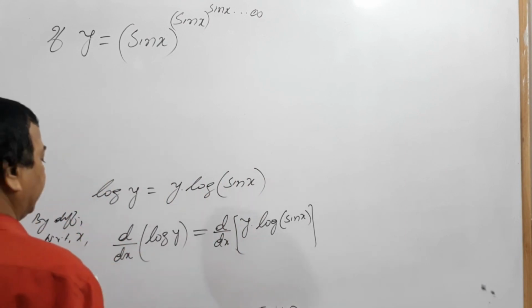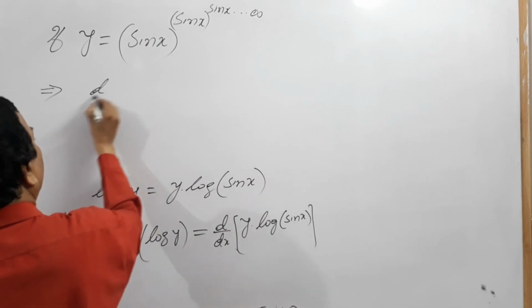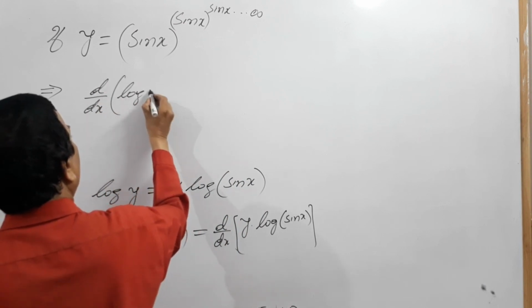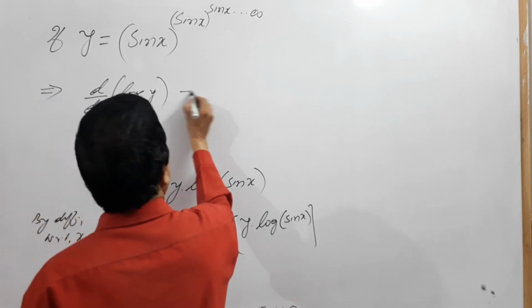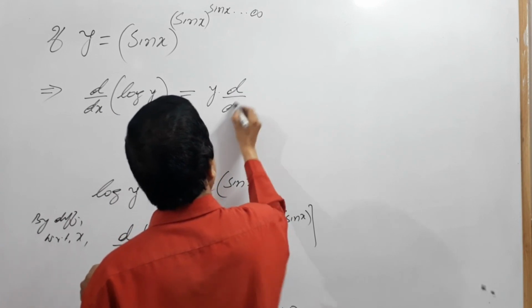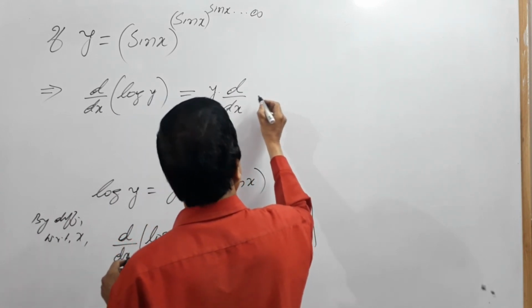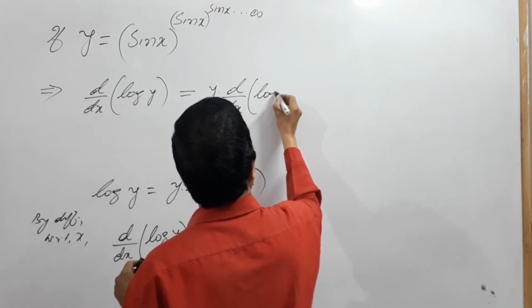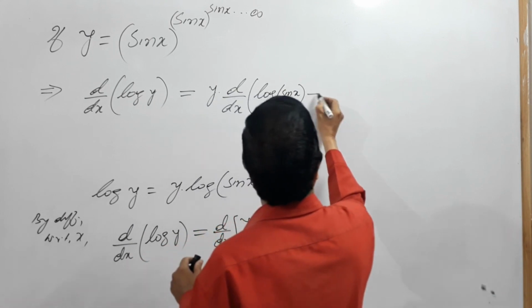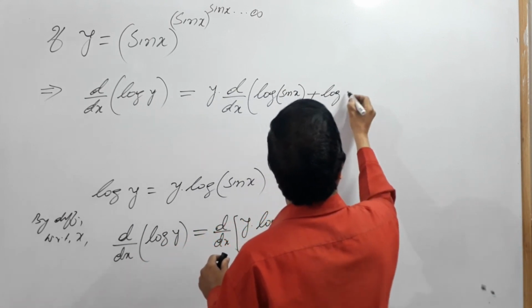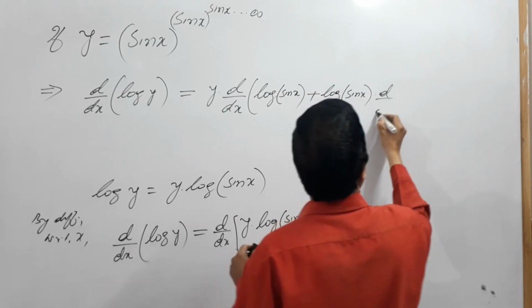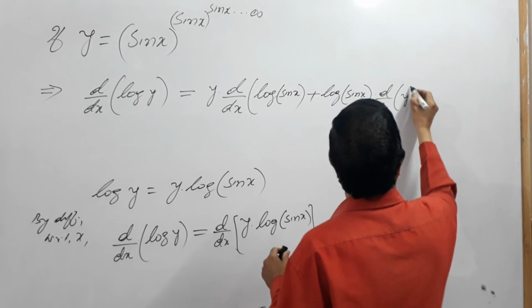What happens here? d by dx of log y equals y d by dx of log of sin x plus log sin x into d by dx of y.